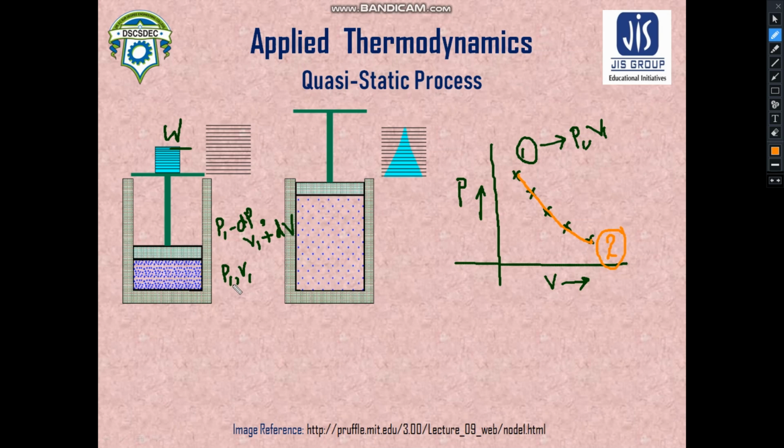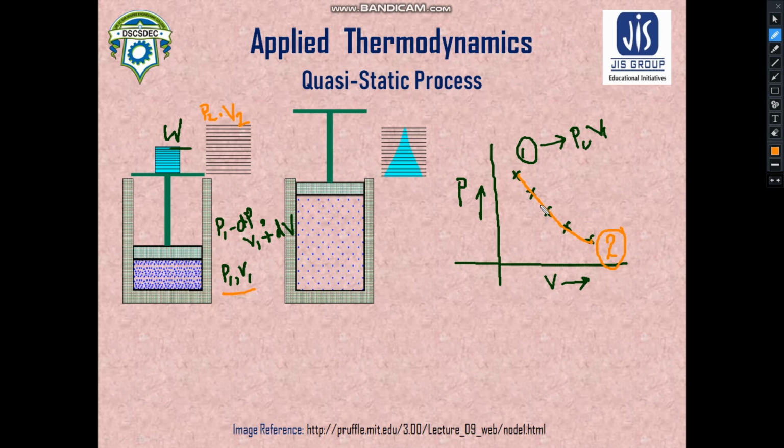So let us assume this is the initial state, and at the final state the pressure becomes P2 and the volume becomes V2. That means an expansion is going on, the pressure has reduced to P2 and the volume has increased to V2. By the help of these quasi-static processes, these quasi-equilibrium states, we have plotted a continuous graph.